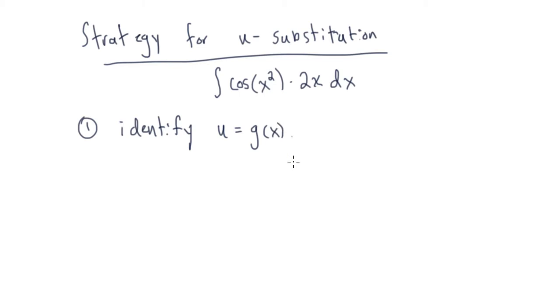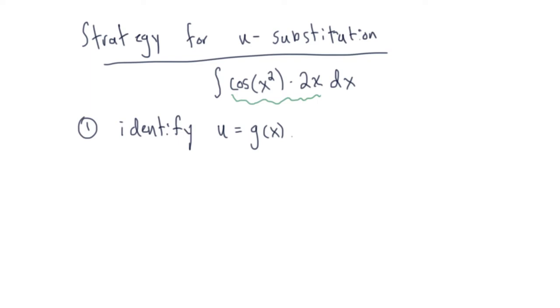And how do I know what to let u equal to? Well, the trick is you're trying to find a part of the integrand here that I can isolate, and that when I take the derivative of that thing I'm isolating, that function I'm isolating, the derivative appears as a factor of the integrand.